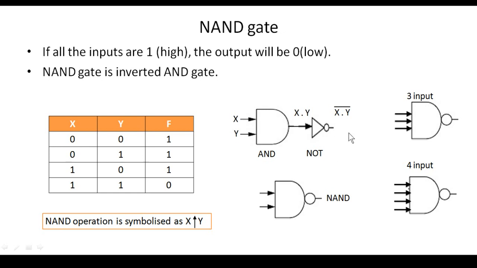When you combine this, you will get a NAND gate. The NAND gate is a combination of AND and a small circle, so that it represents the NAND gate. This is the 3 input NAND gate, and then the 4 input NAND gate. The NAND operation is simplified as X up arrow Y. So you can say X NAND Y.